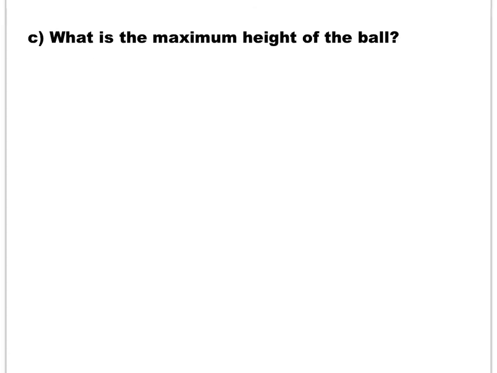And the last part says, what is the maximum height of the ball? So we just substitute back the value of 4.08 in the equation to find v sub h. So v sub h is equal to negative 4.9 times 4.08 squared plus 40 times 4.08 plus 1.5.